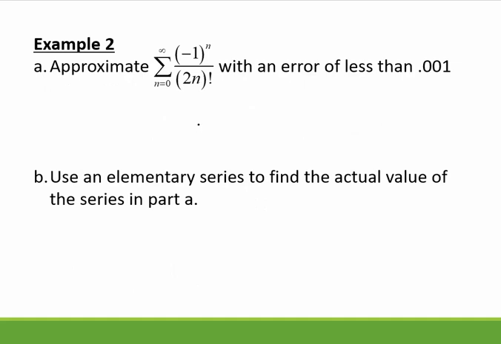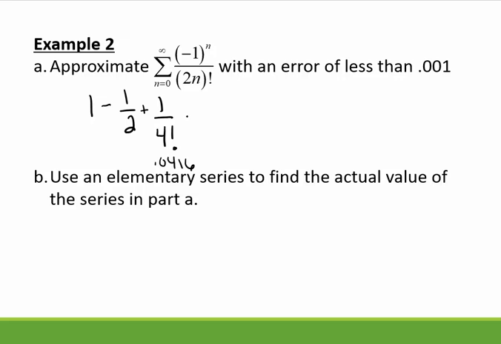Okay, approximating that with an error of less than 0.001. So start listing out your terms. 1, okay, I go to my next term 1/2. That is still greater than what I want my error to be. My next term is 1/4 factorial, which is 0.0416. So this is still greater than what I want my error to be.